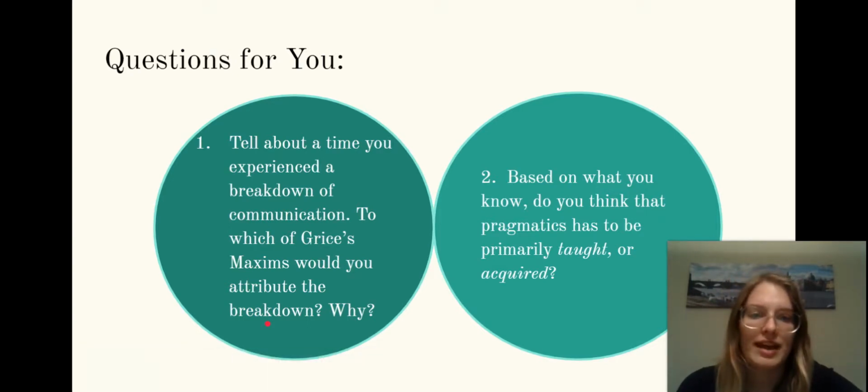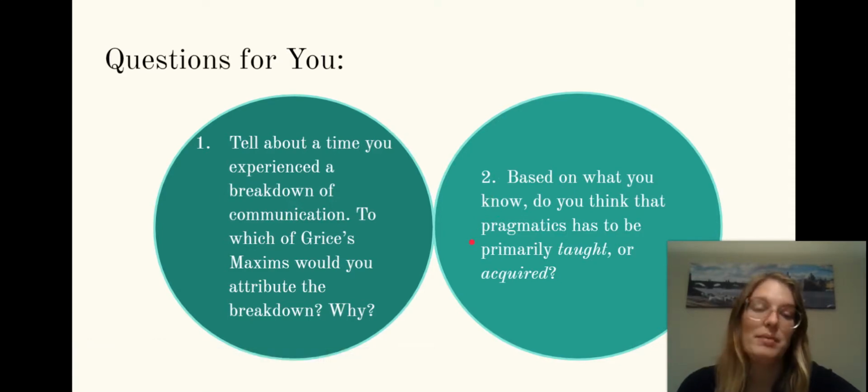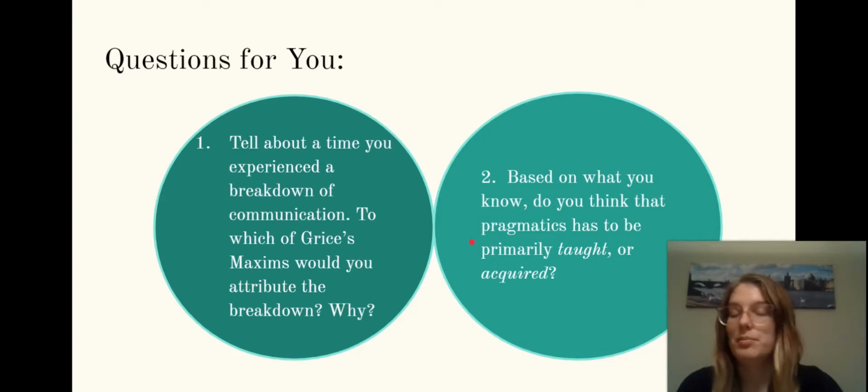And explain that. And then number two, based on what you know, do you think that pragmatics has to be primarily taught or acquired? We learned before that languages can be taught explicitly, or they can be acquired through just picking it up as you go along, and there's no explicit instruction.